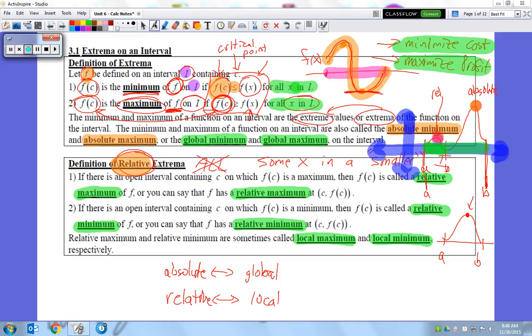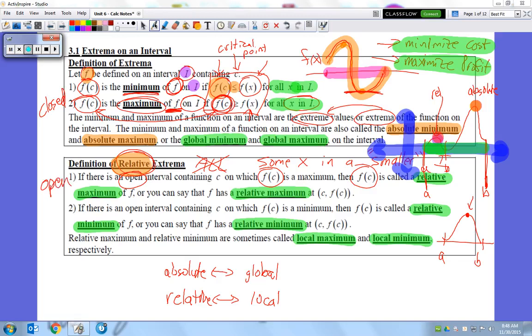So let's keep reading the definition of relative extrema. If there is an open interval containing c on which f of c, so this is a y value, is a maximum, then that y value itself is called the relative maximum. The difference is that this is saying on a smaller interval, if you will, and it's an open interval. Okay, this is closed, this is open.